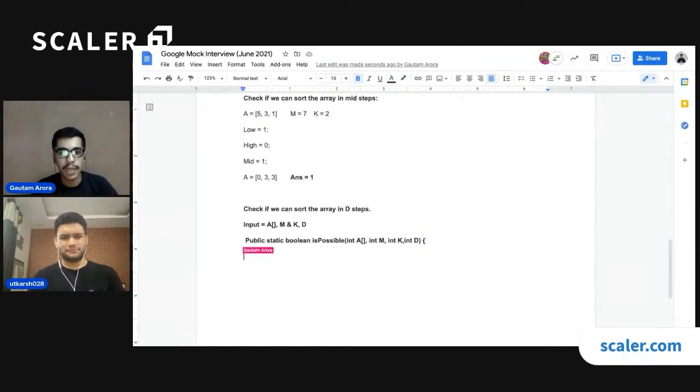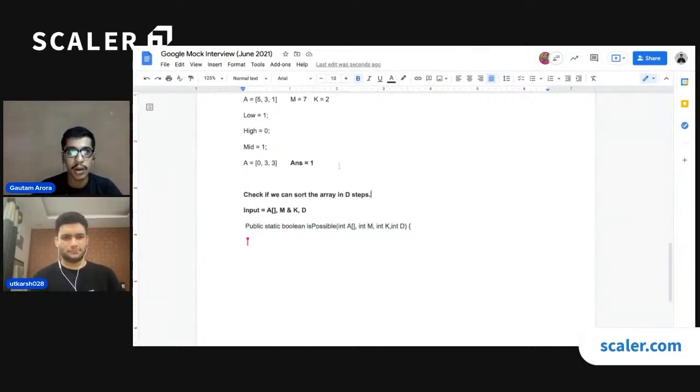I can start with a loop, I guess, and keep on iterating until arr[i] reaches m minus 1.